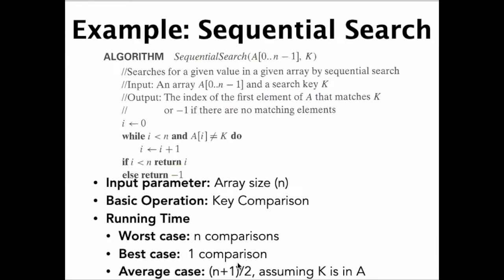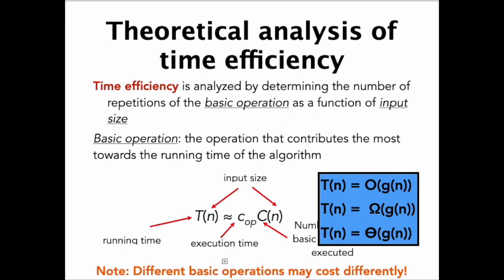Okay? For the average case, we have n plus 1 over 2, but this computation isn't because n yung worst case and we have 1 as the best case and then divided by 2, that's the average. Actually, the computation for n plus 1 over 2 is different for two cases, assuming that k is in A, and the other case is when we have k not in A.